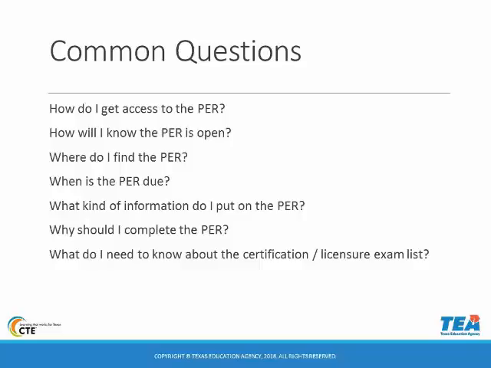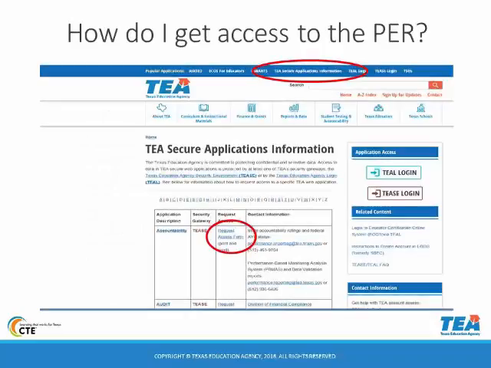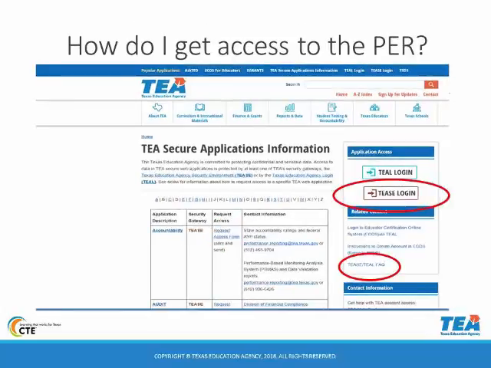So the first thing you're going to want to know is, how do I get access to the PER? Just like when you're doing the Perkins application, you're going to need a TEAS account in order to do that. How many of you do not have a TEAS account? Okay, if you need information on how to get a TEAS account, talk to one of us.